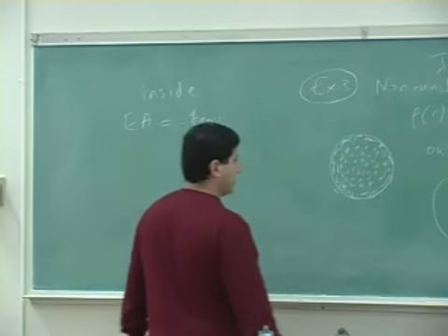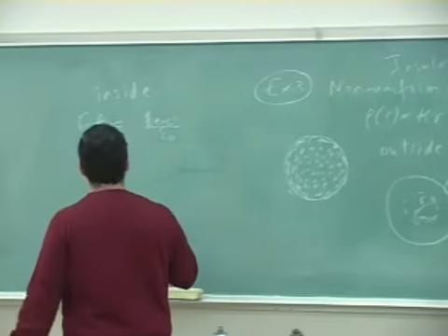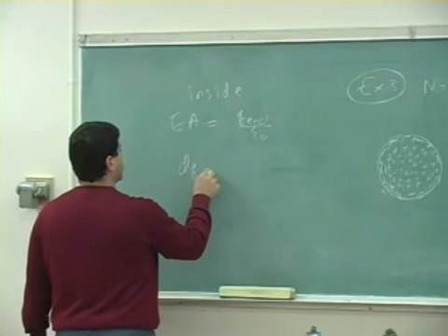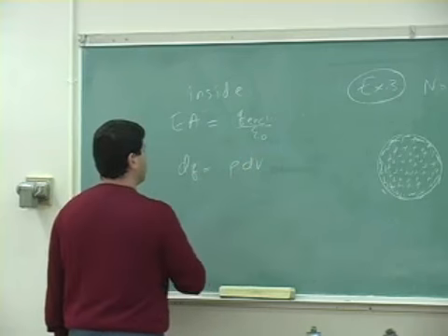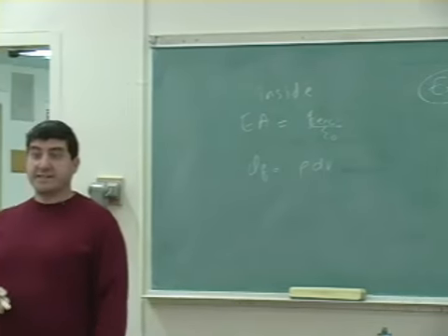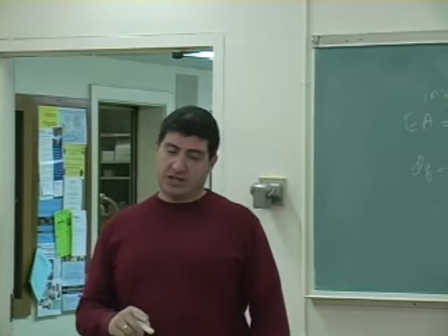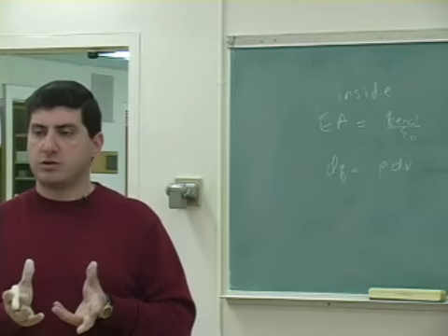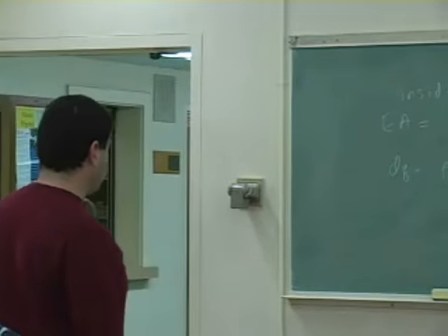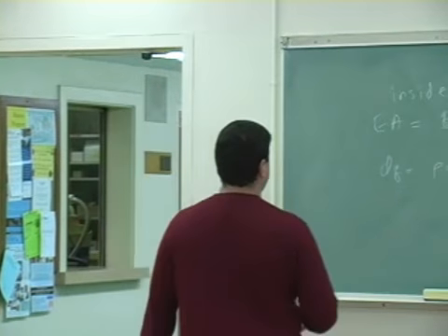You're going to have to say, okay, dq is equal to rho dV. Rho is defined as the volume charge density. It's the amount of charge in a certain small volume.